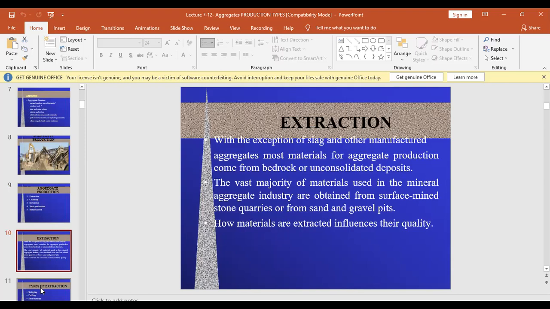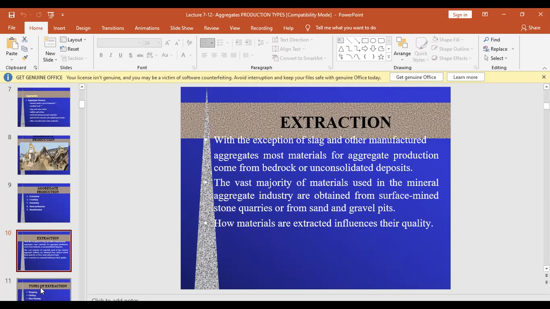That's how the aggregates are extracted, without the exception of slag. You know what is slag? Slag is the refuse material during the production of iron or steel. This is also a very good material because that comes from the steel.